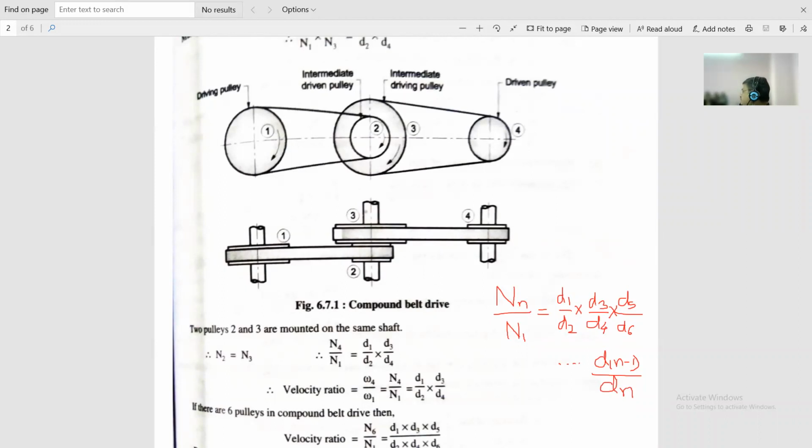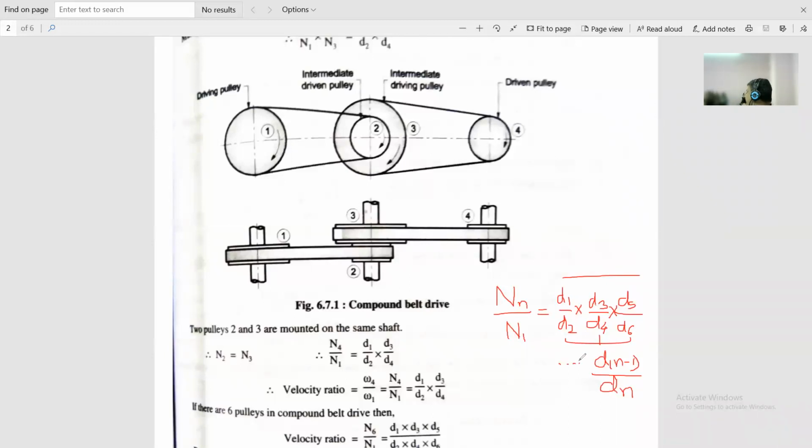It may be n of 8, n of 4, n of 6, and here you can see that all odd numbers of the diameter will come in the numerator. All even numbers will come in the denominator.